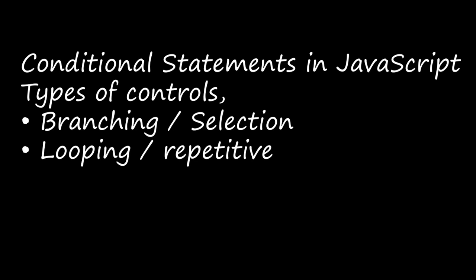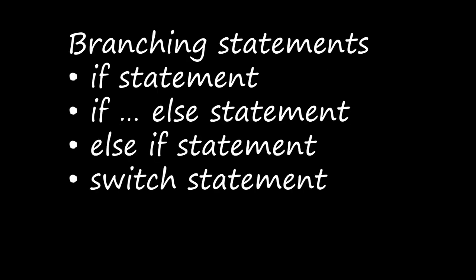That means we have some different branching statements. They are the if statement, if else statement, else if statement, and switch statement, right? Here we have to study the types of branching statements. This chapter is control structure. Control structure means we have some conditional statements.